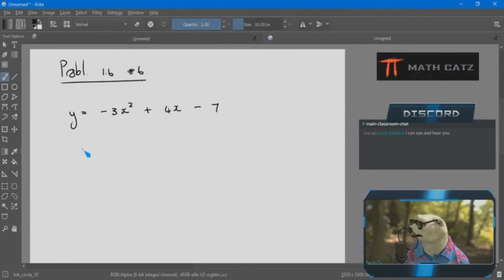Now, the first thing I have to do is take out this A because it's going to complicate things significantly. Last time in our number 3 problem, we only had an x squared, so it wasn't an issue.